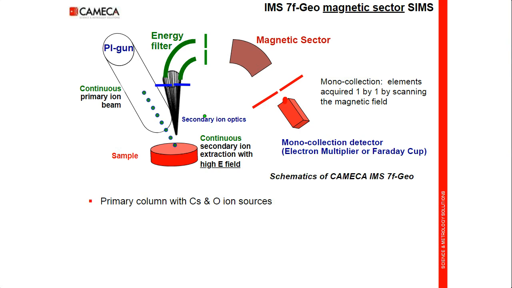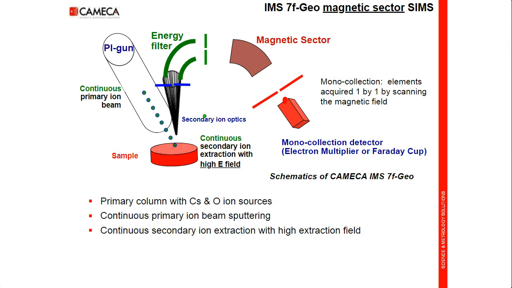It is based on a continuous primary ion beam bombardment, as well as on a continuous secondary ion extraction. Combined with a strong extraction field for the secondary ions collection, it offers optimized instrumental transmission and thus low detection limits.